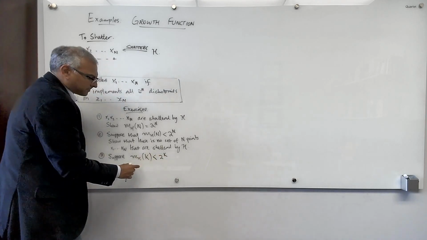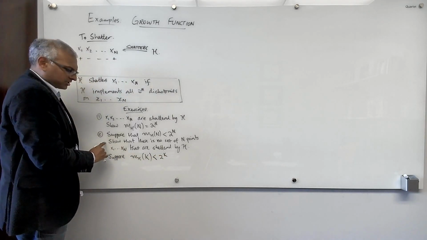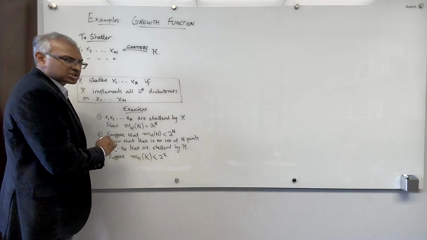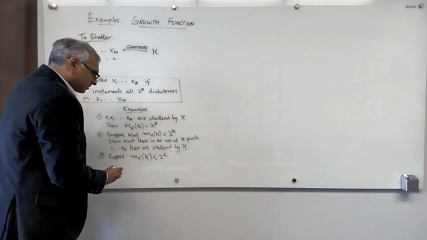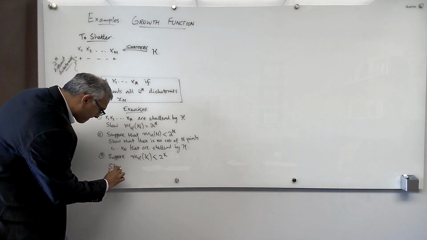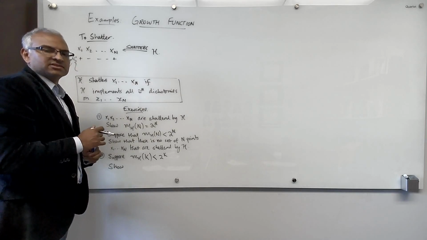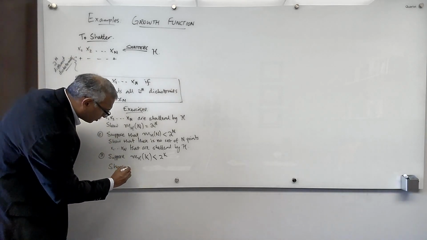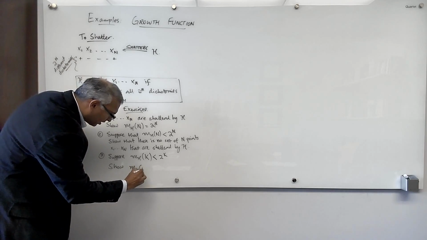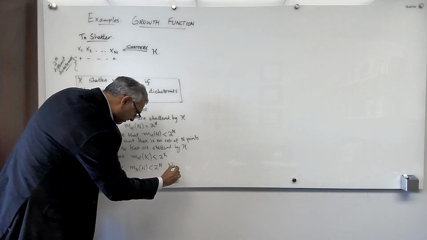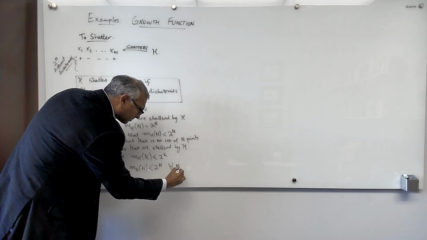So this means that if you've shown this, there's no set of points of size k which can be shattered by H. Then show that for any larger number of points, you cannot find a set of points that's shattered. So show that m sub h of n is less than 2 to the n for all n greater than or equal to k.